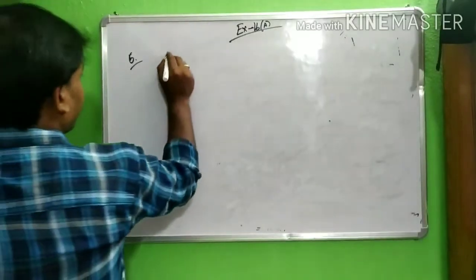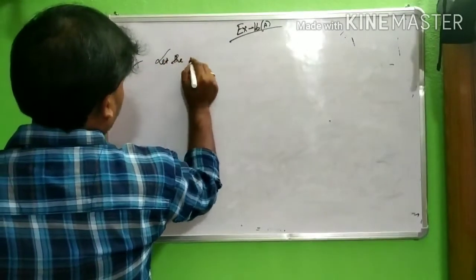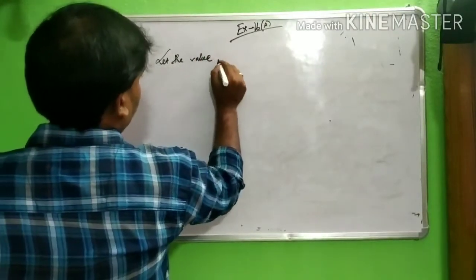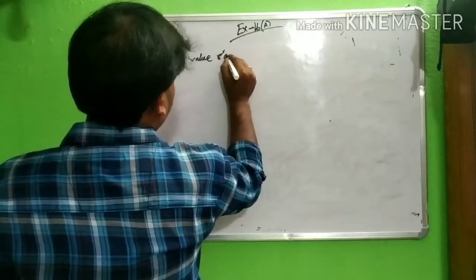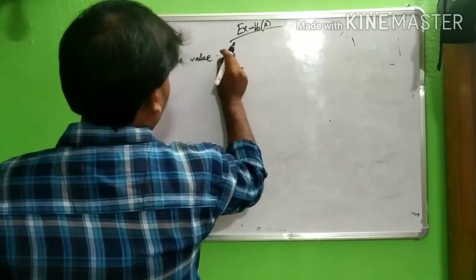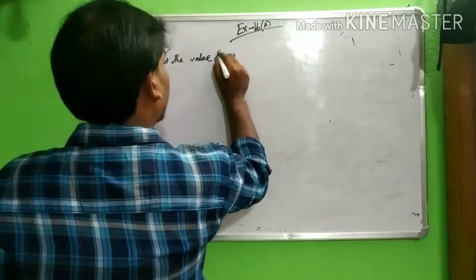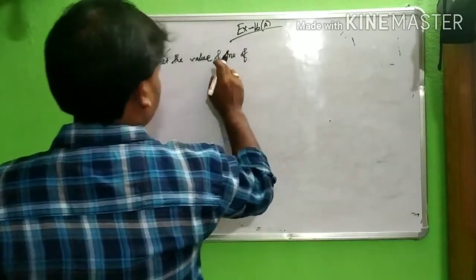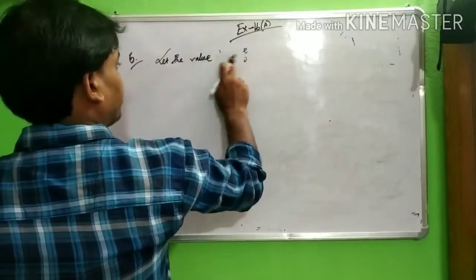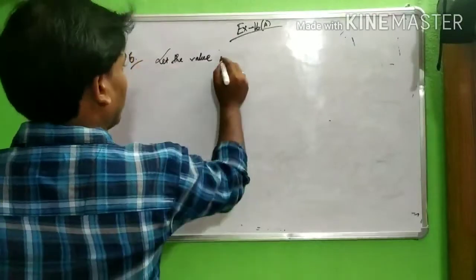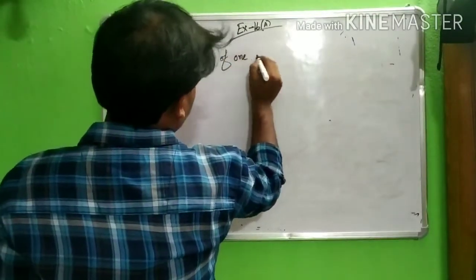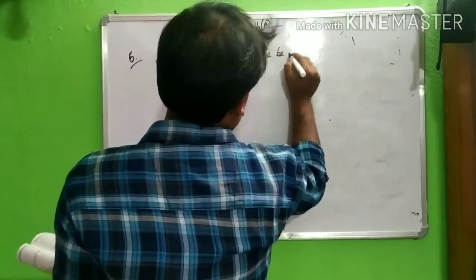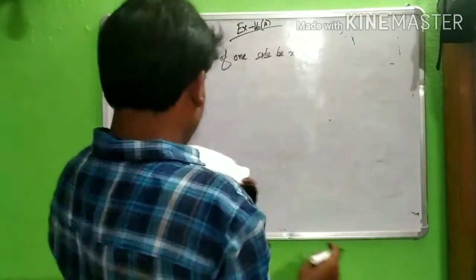Okay. So let the value of one side be x, and what is the unit?